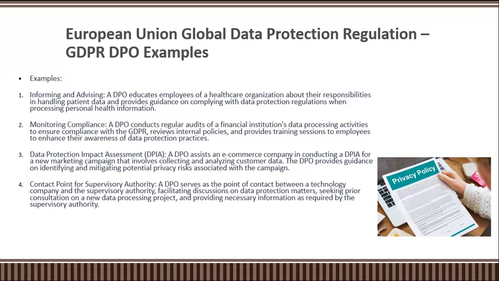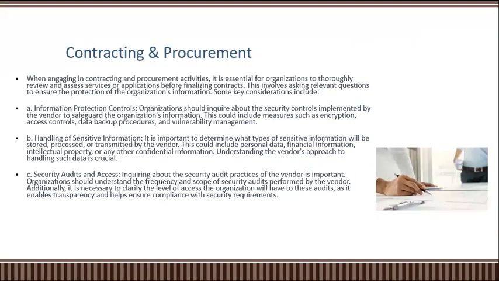A DPO serves as a point of contact between a technology company and the supervisory authority, facilitating discussions on data protection matters, seeking prior consultation on the new data processing projects, and providing necessary information as required by the supervisory authority.